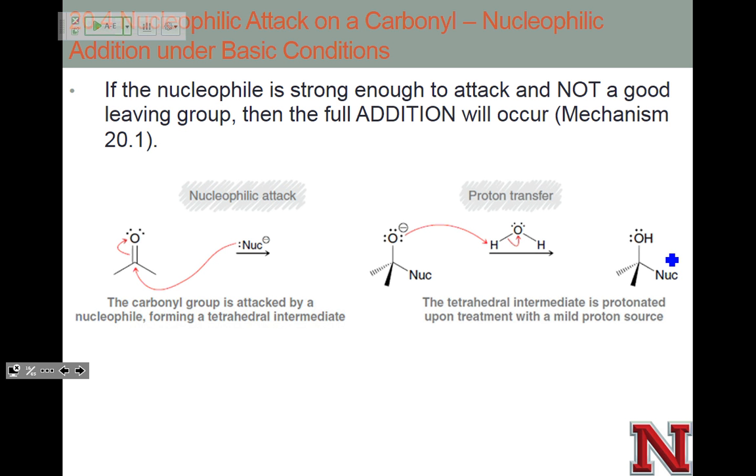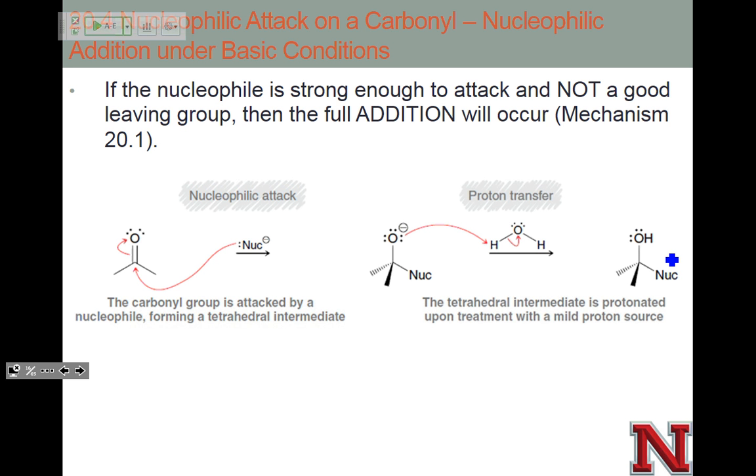So the one thing to note about this is, if we forget about this part, our forward reaction is the addition, but the reverse reaction could also happen, meaning we can reform our carbon-oxygen double bond and push off the leaving group. The nucleophiles we've looked at, hydrogen and carbon, are not good leaving groups.